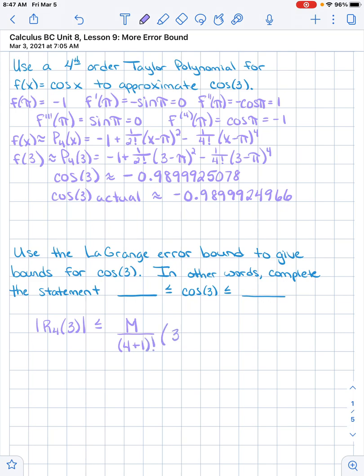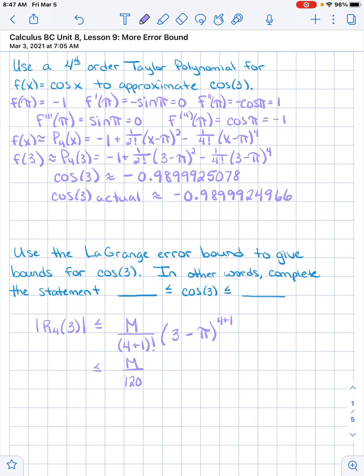X is what we plugged in, minus what we centered around, to the 4 plus 1 power. Okay, if we simplify this a little bit, we've got m over 5 factorial. 5 factorial is 120, of course.